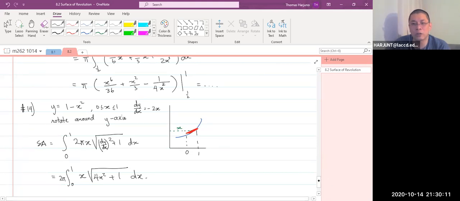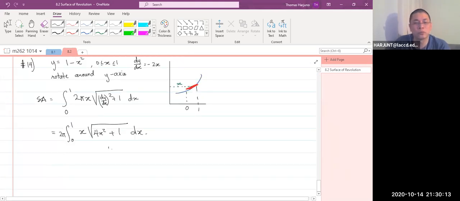That one is easy to integrate. It's u to the power of 1/2 du over 8.